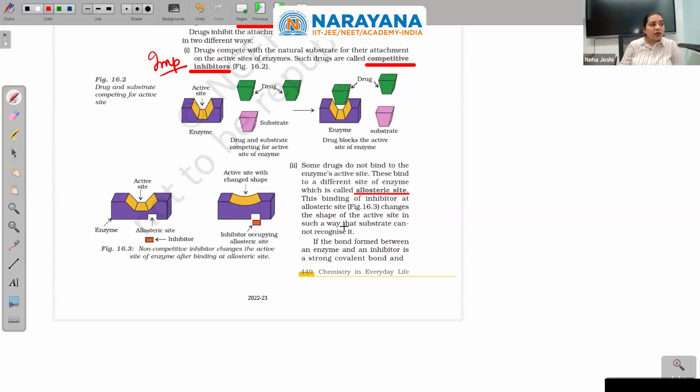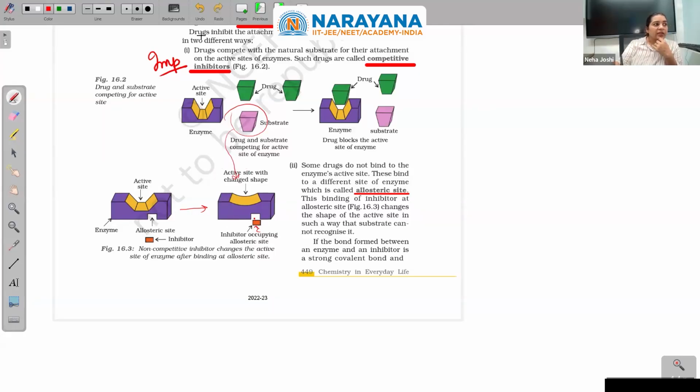But what has this inhibitor done? It has gone here. You can imagine it to be a soft jelly-like thing and pumped. It contacted here, it entered here. As a result, this active site has changed its shape. When the shape changes, now this substrate cannot enter here.